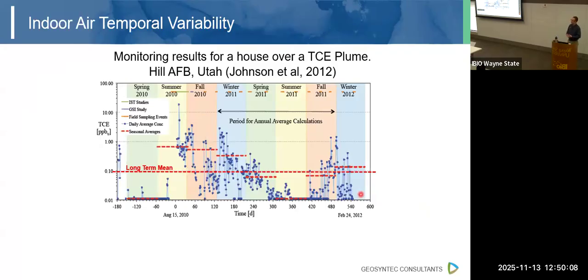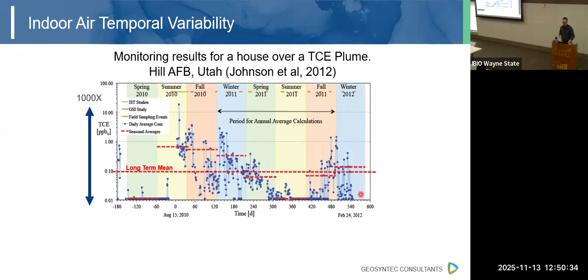Another challenge is temporal variability, particularly in indoor air. So Arizona State actually bought a house to do research above a TCE plume and did a lot of sampling, a lot of different investigations there. One of the things they did was take a daily indoor air sample over an extended period of time. And this is a logarithmic scale on the left side here.